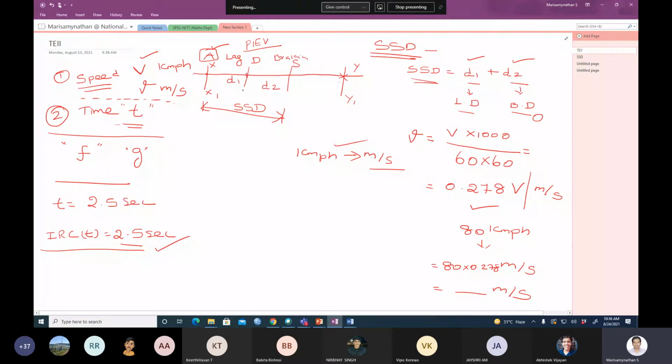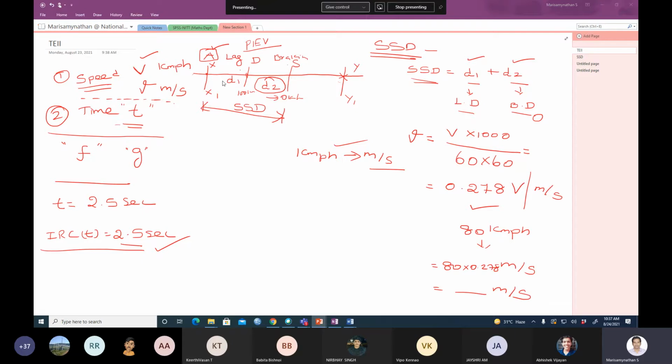If the vehicle is traveling at 100 kilometers per hour, it won't stop immediately; to reach 0 kilometers per hour it takes some time. That is considered the braking distance D2. So SSD is the combination of the two components, lag distance and braking distance, D1 plus D2.